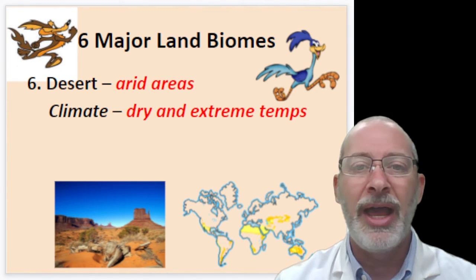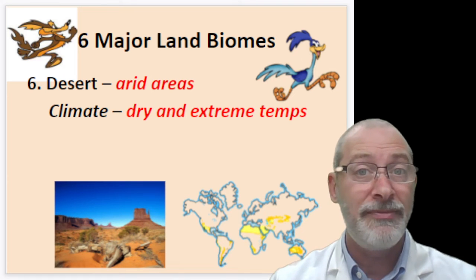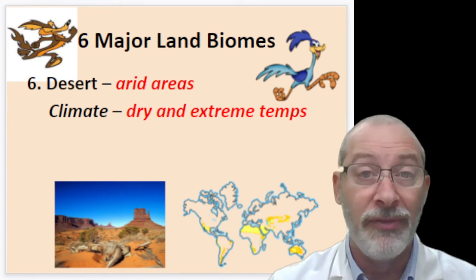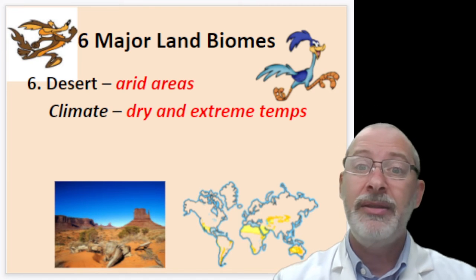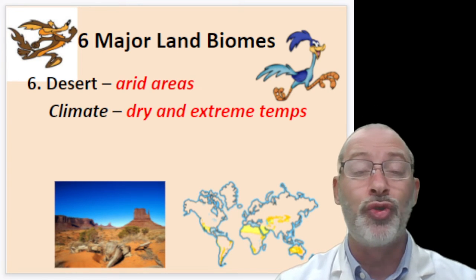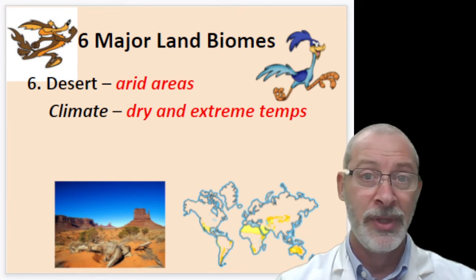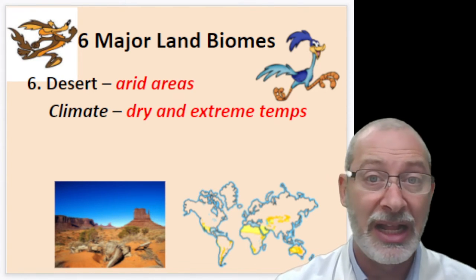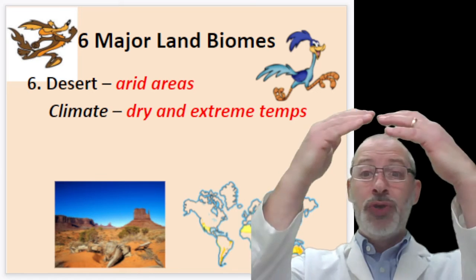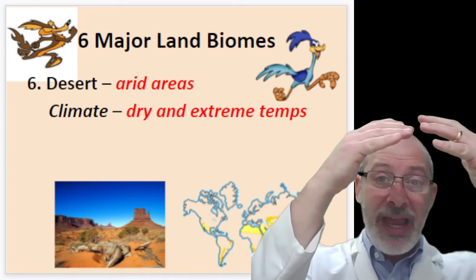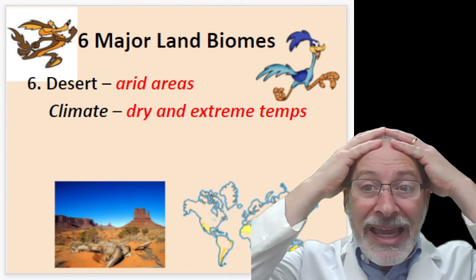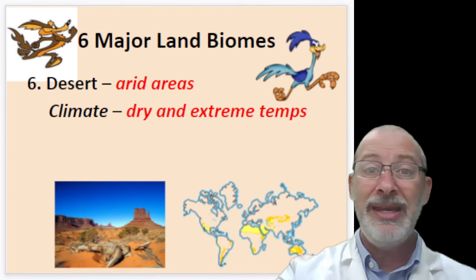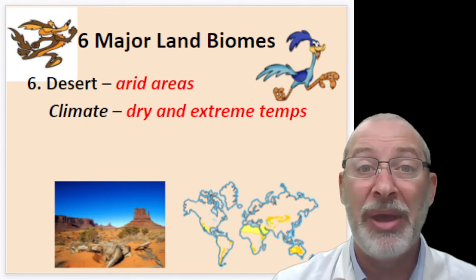And so the climate of a desert, as you recall from last topic, are very dry and they typically have extreme temperatures. Because they're so dry, they don't have a lot of clouds in the sky. And without those clouds in the sky creating a thermal blanket at night, all that heat energy goes into space.